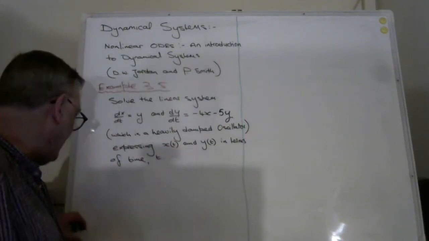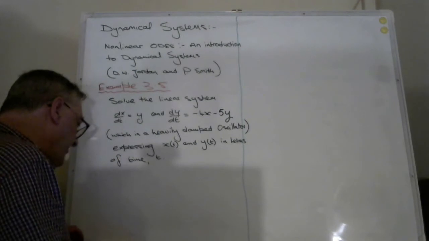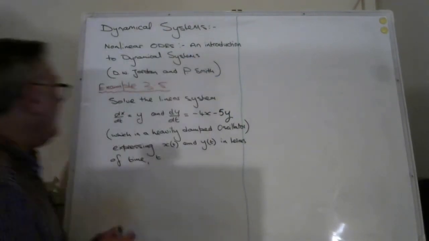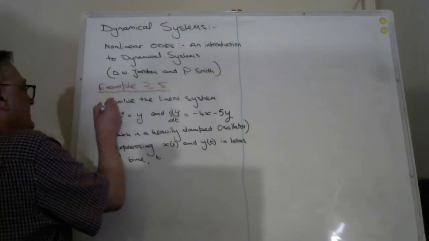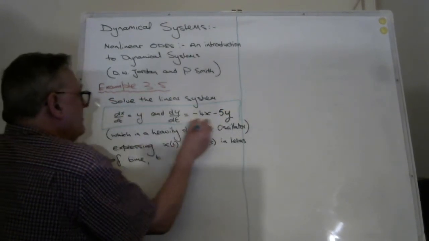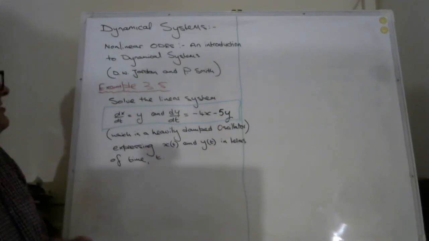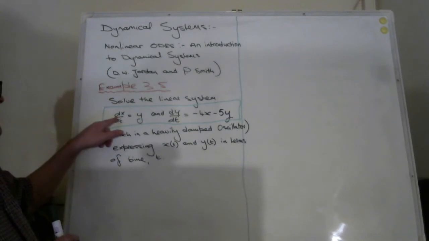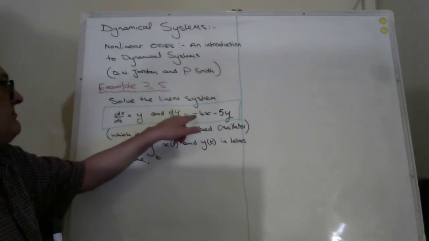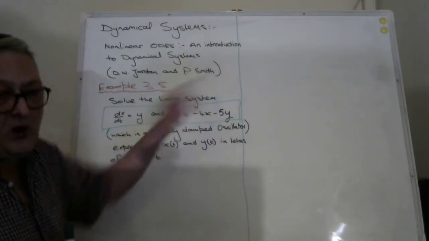So the system that we want to solve is this system here. It's a system of two ordinary differential equations. One is dx by dt equal to y, and dy by dt is equal to minus 4x minus 5y.